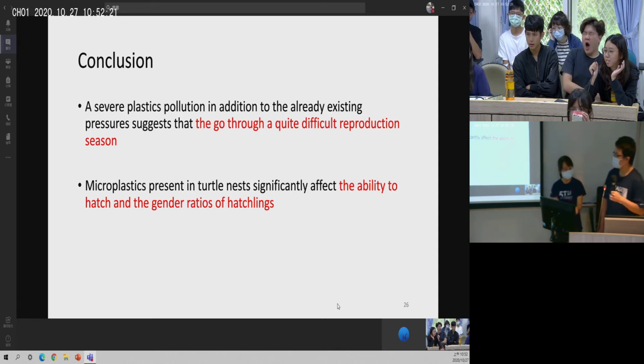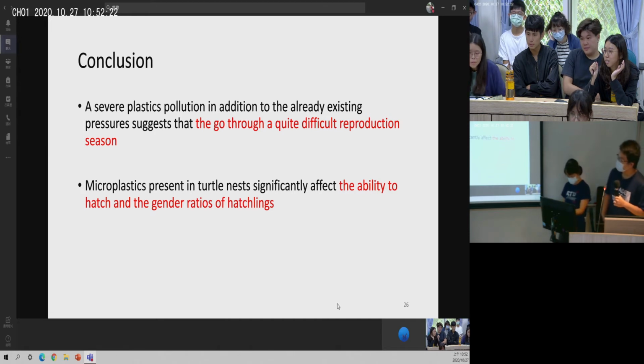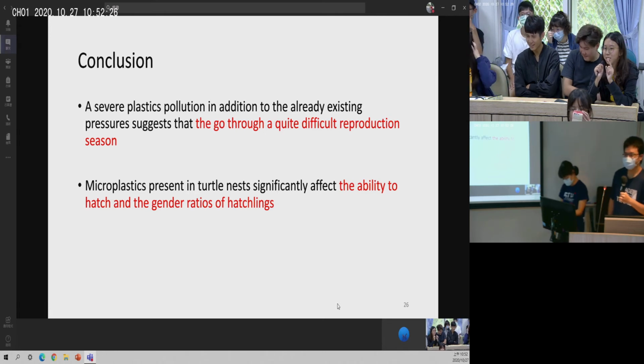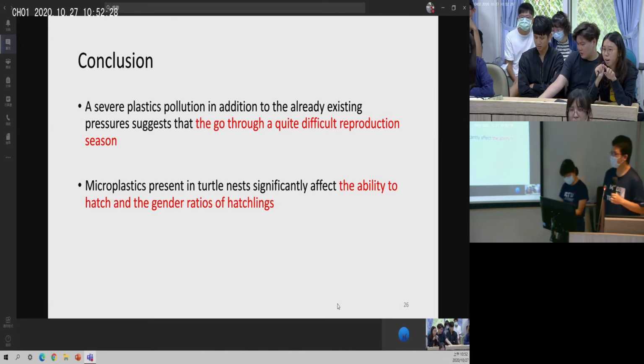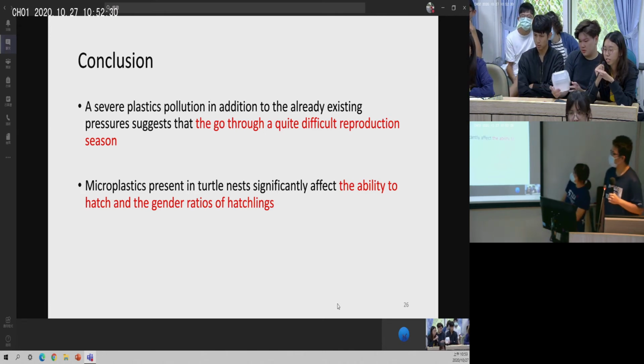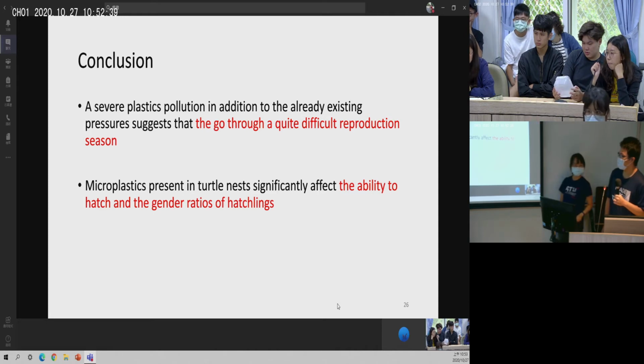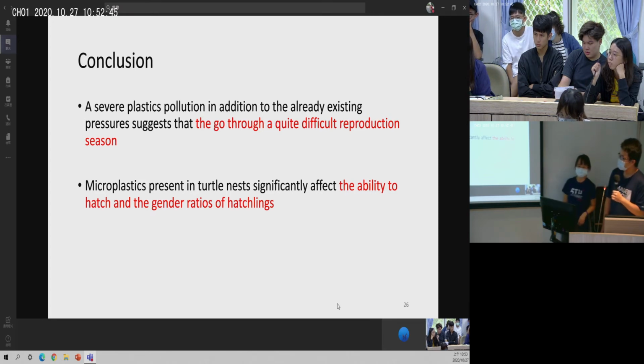She wants to know whether the microplastics present in the paper were measured.